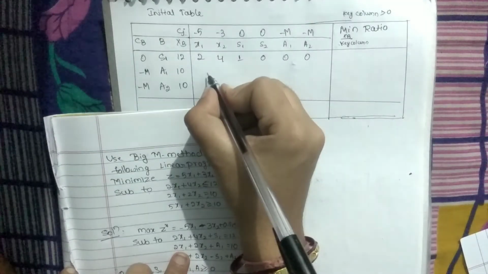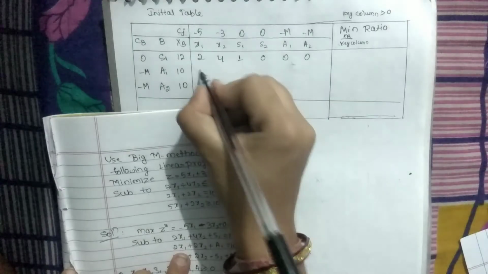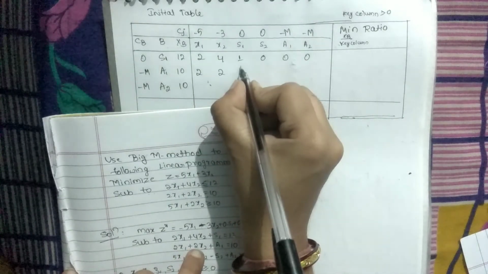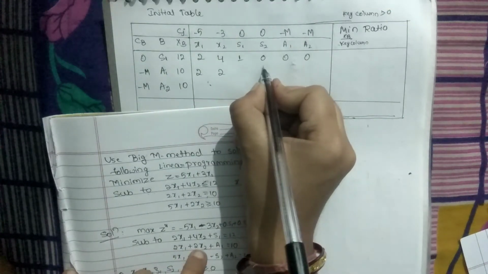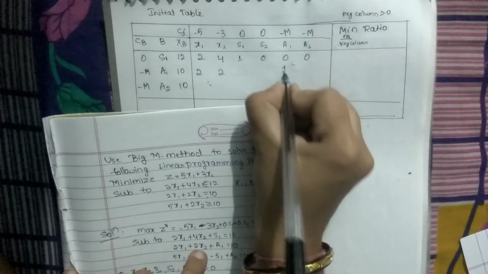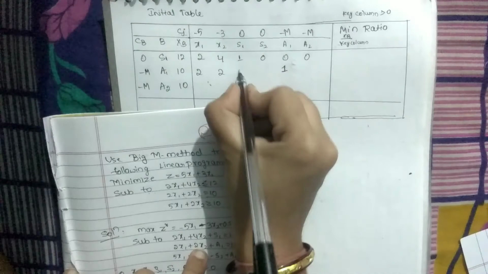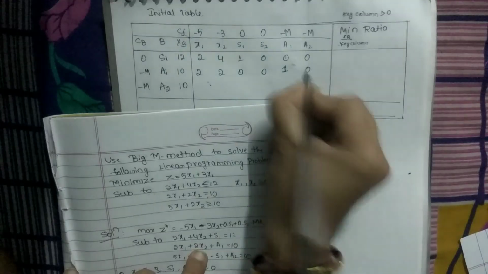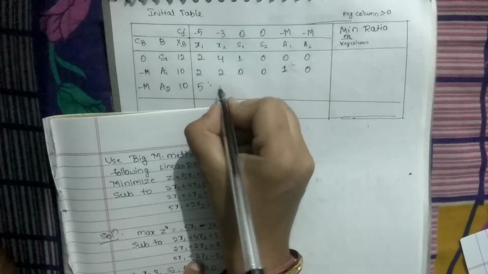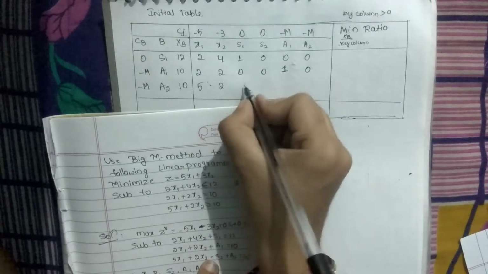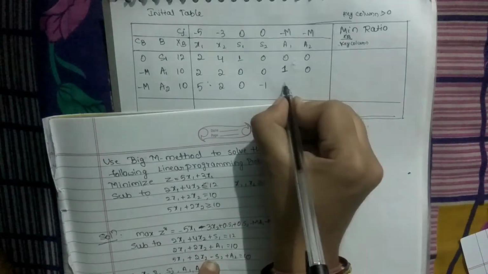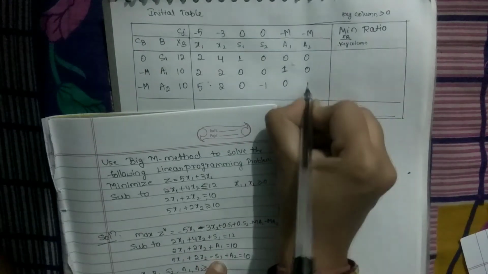Then in the second constraint, 2 for x1 and 2 for x2, s1 is not there, s2 is not there, a2 is not there, a1 is there, so the coefficient of a1 is 1: 0, 0, 0. In the third constraint: 5, 2, and s1 is 0, s2 is minus 1, a1 is 0, a2 is 1.